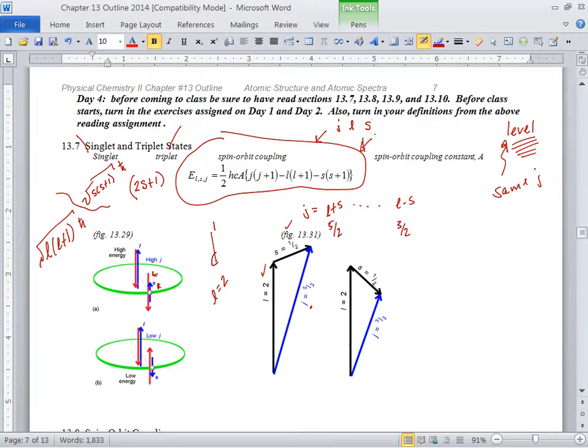That logic works when a shell is less than half full, like 3p2 or something. And that's pretty much all of our homework is going to be that way. Otherwise, it's kind of weird: you want big J. But I don't think we're ever going to really see that, so we don't need to worry about it.